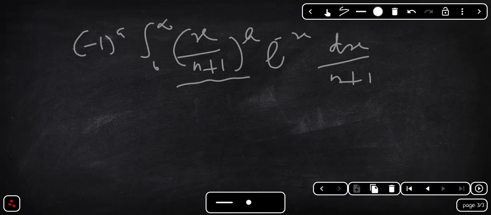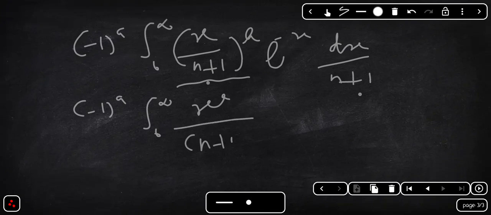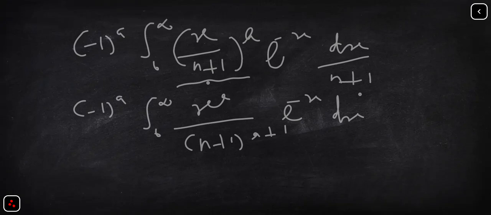So this will be minus 1 raised to the power of a, integral from 0 to infinity of x raised to the power of a over n plus 1 raised to the power of a, multiplied by n plus 1, that will be n plus 1 raised to the power of a plus 1, e raised to the power of minus x dx. Then we bring out the constant, which is n plus 1 raised to the power of a plus 1.